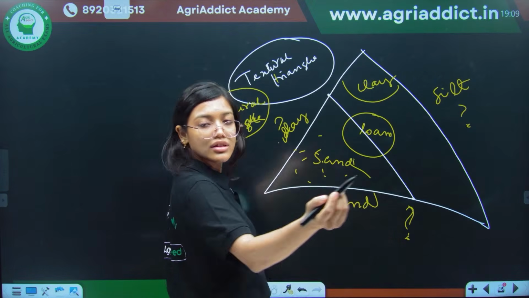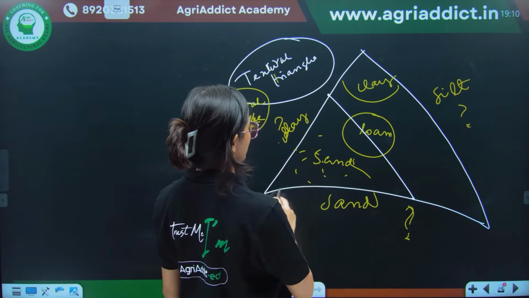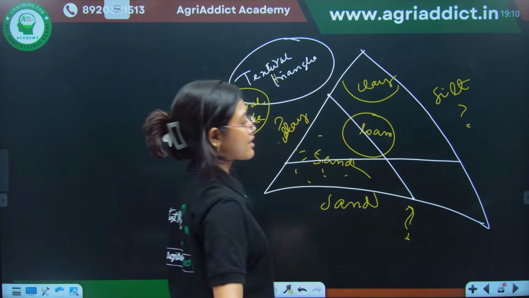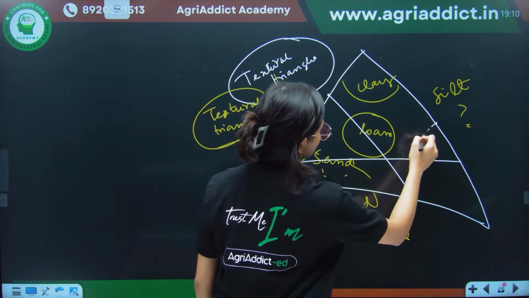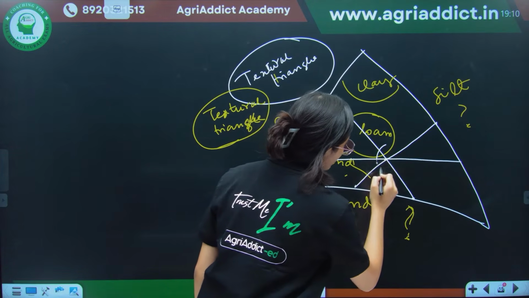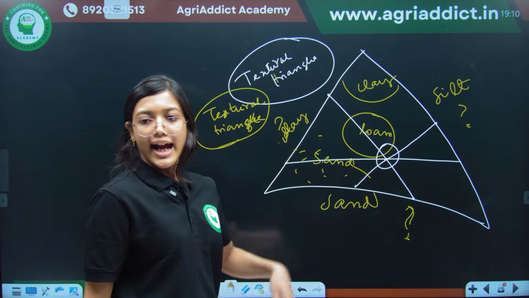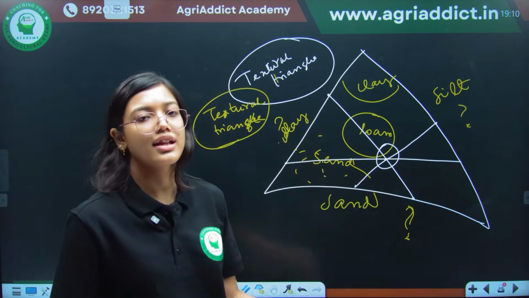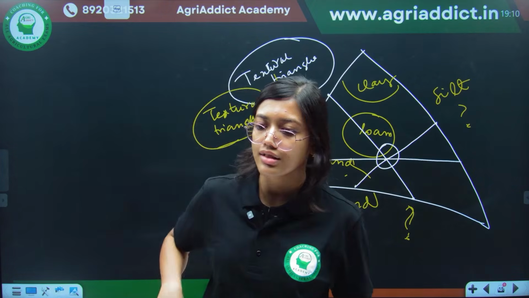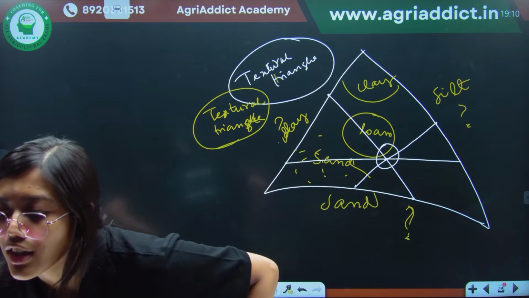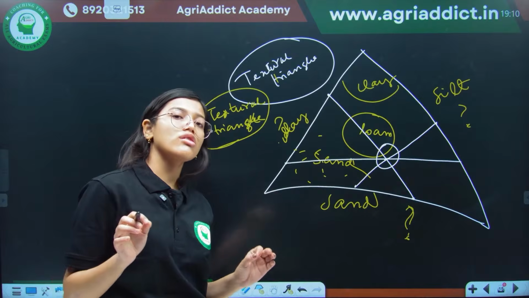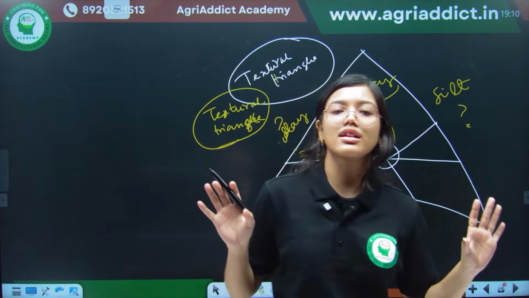Then for the 20% clay, and then suppose I have 40% silt, it will fall somewhere over here, and whatever textural class is present there in your textural triangle, that soil will simply belong to that textural class. Okay, loam is at the center. Yes, loam is at the center.